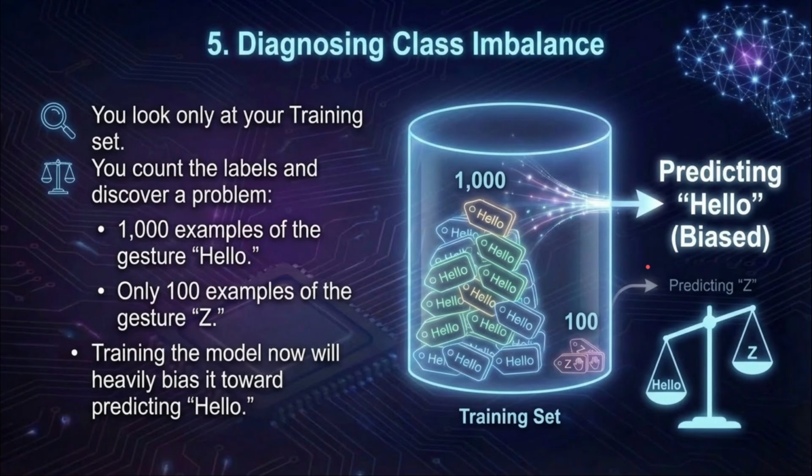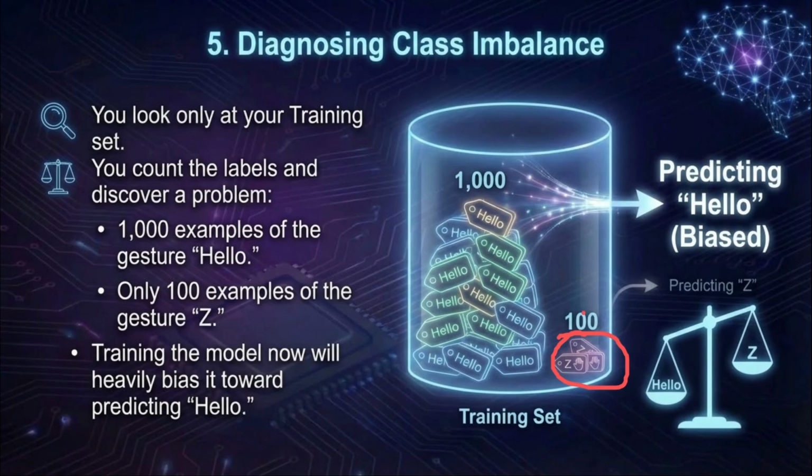Now we'll check for imbalance. Imbalance is when we have a different number of data points per class. For example, let's say in our videos we have 1000 video samples of hello and only 100 video samples of Z. So there is a clear imbalance, right?